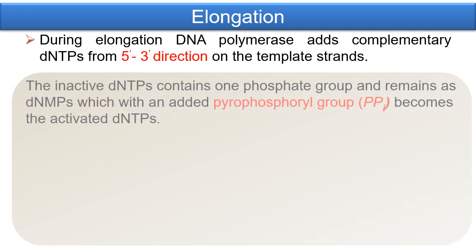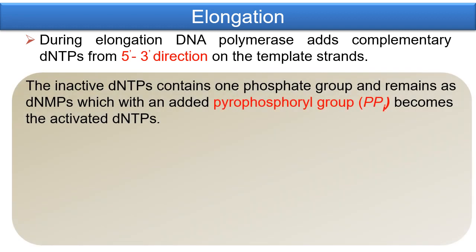Here I want to tell something about the dNTPs. The dNTPs first remain in inactive form containing only one phosphate group and known as dNMPs or the deoxynucleotide monophosphates. As these dNMPs contain only one phosphate group, they are in inactive form. The dNMPs are activated by adding pyrophosphate group. After adding this pyrophosphate group, the dNMPs become activated to dNTPs.